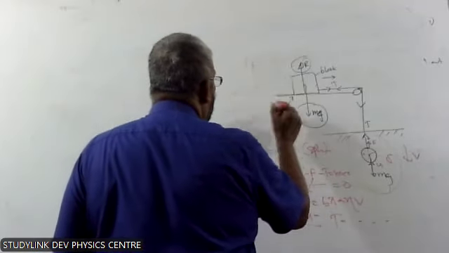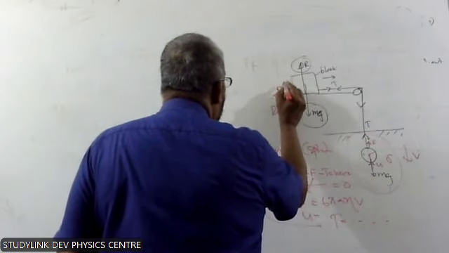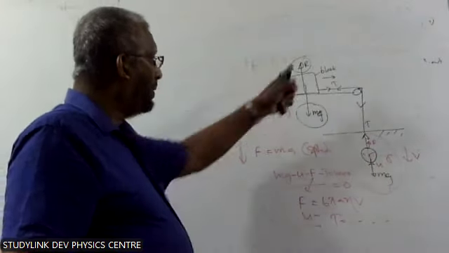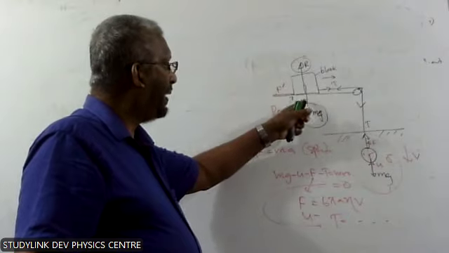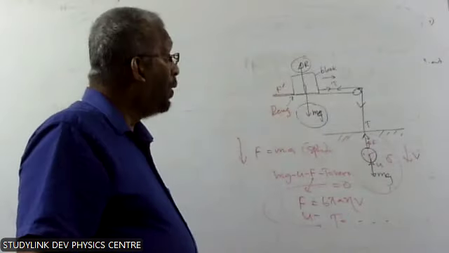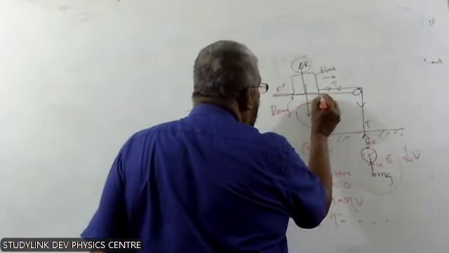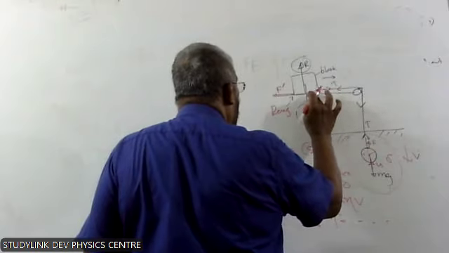Always they give rough surfaces. Then there is another friction, F dash, the friction on the block or between this and the surface. If they ask you to draw all the forces, you have to draw F dash on the surface also. Otherwise, you don't need to draw this.